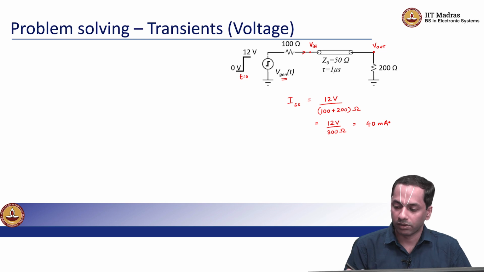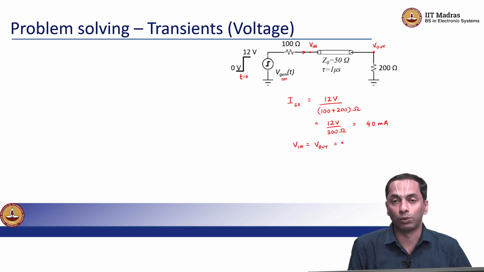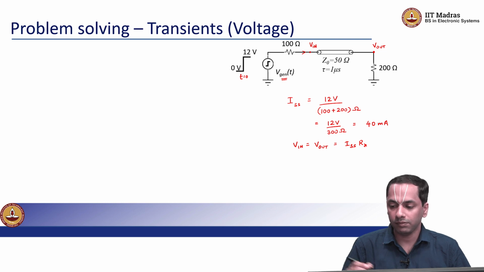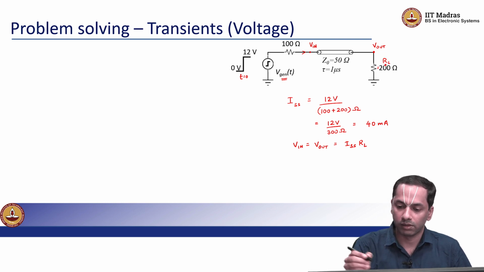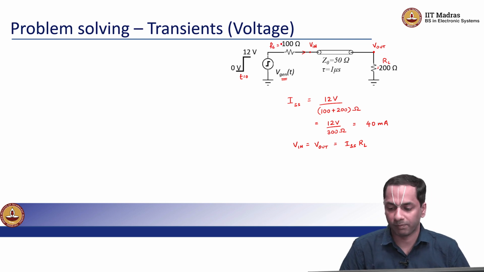Okay. And if I asked you what is V in or V out, both are the same, and you would say that this is simply from Ohm's law, I steady state multiplied by the load resistance RL. Here RL is 200 ohms and RS is 100 ohms. So, you can just say that this is 40 milliamps times 200 ohms.